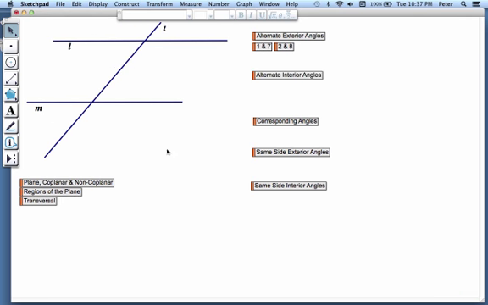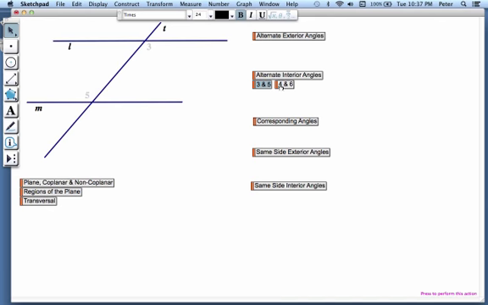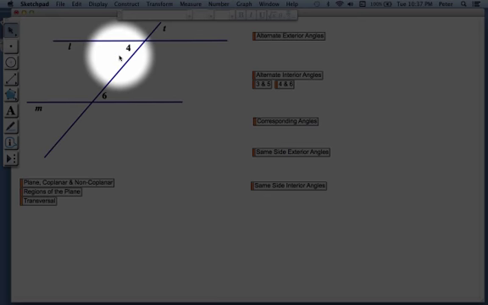Let's look at another angle, which are going to be alternate interior angles. Here again, we're dealing with angles on alternate sides of the transversal, but here they're in the interior region of the plane. 3 and 5 would be alternate interior angles, and 4 and 6 would also be alternate interior angles.